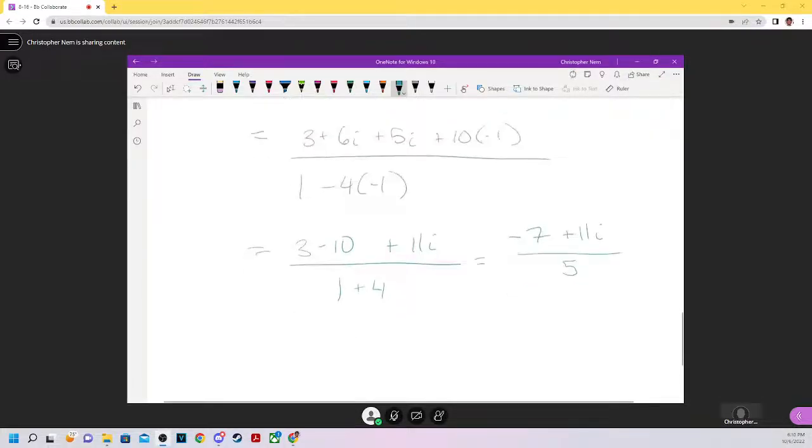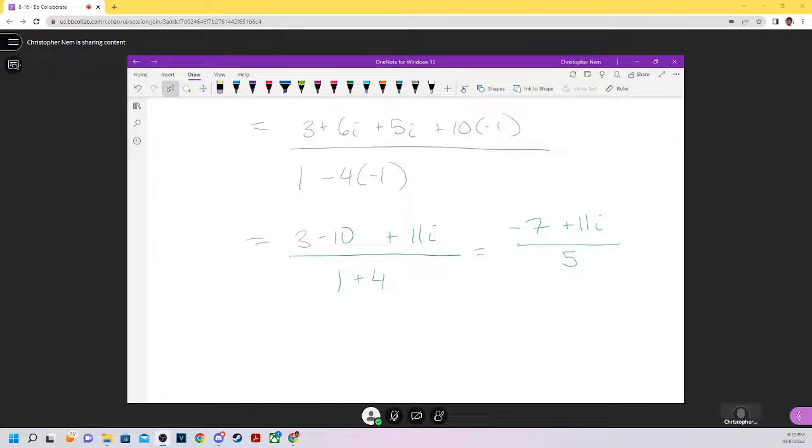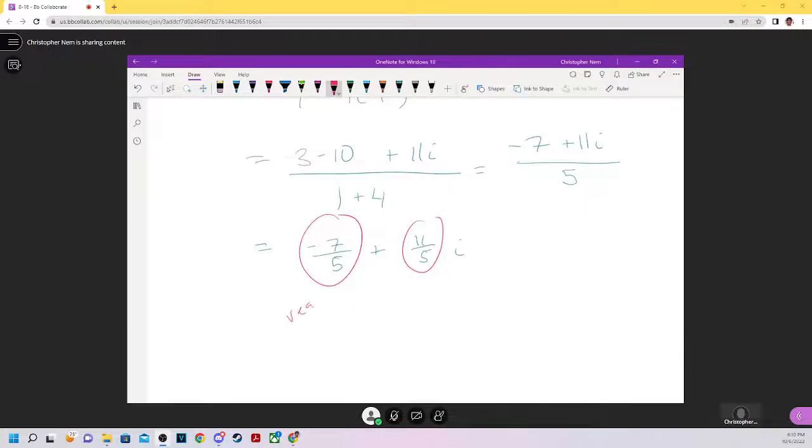And if you wanted to simplify even more, if you wanted to treat this as just one complex number, because right now you can't view this as a complex number, if you actually divide it out, you can write this as negative 7/5 plus 11/5 i, where this is your real component and this is your imaginary.